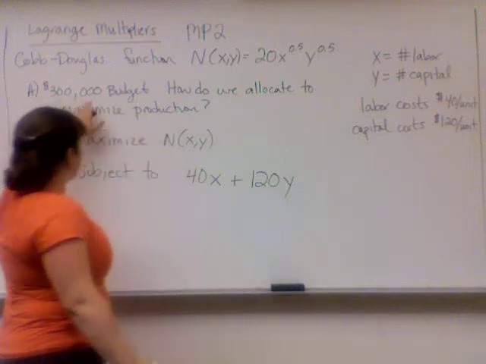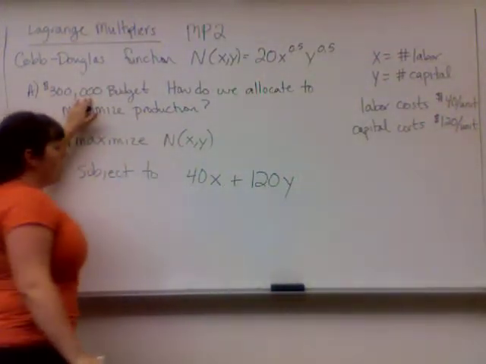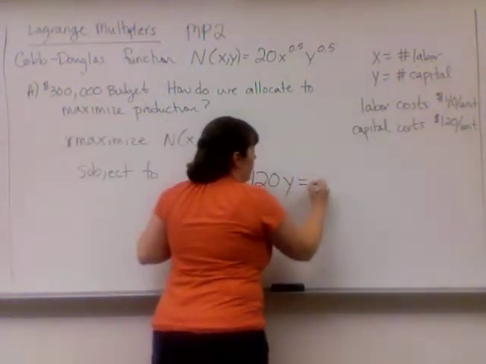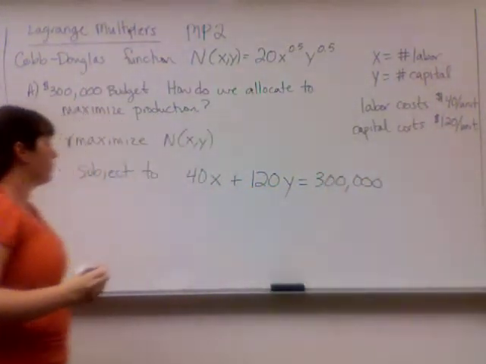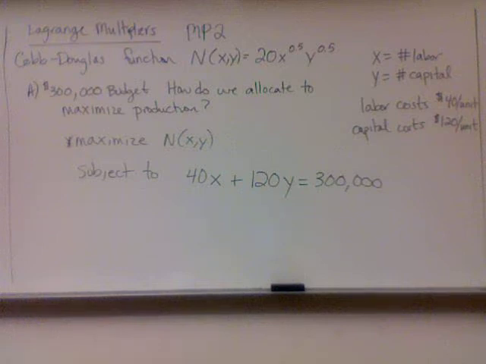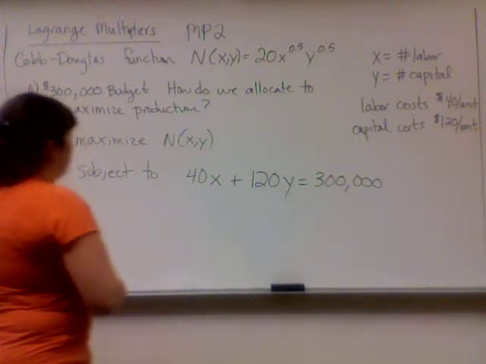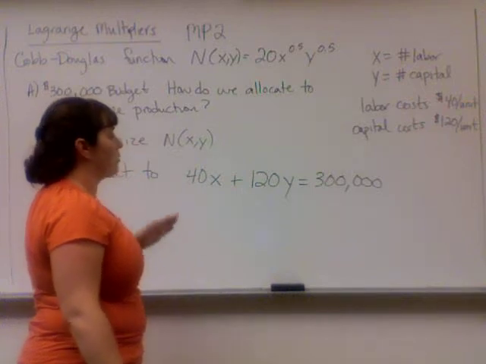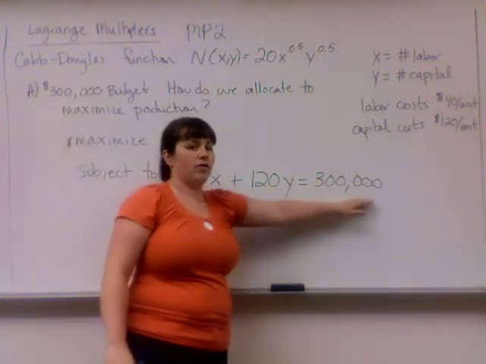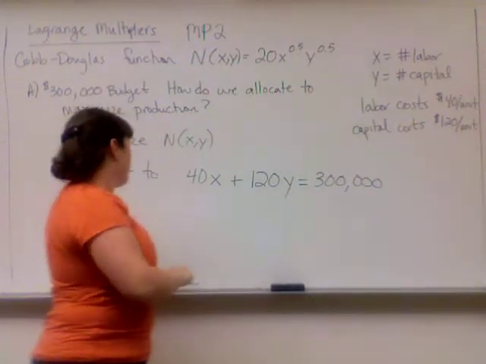Remember, our budget says we have a $300,000 budget. Well, we're going to use all of that budget here. So again, that's our constraint function, and we need to make sure that we have all of our units in the proper way. It says in the problem that we're not considering anything in terms of thousands, so it's okay for our constraint to be equal to 300,000.